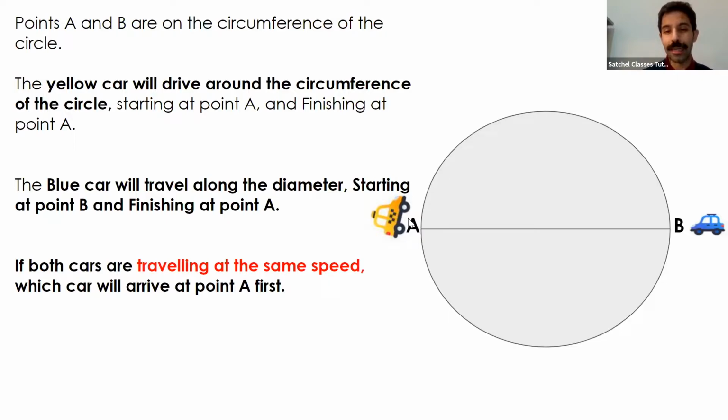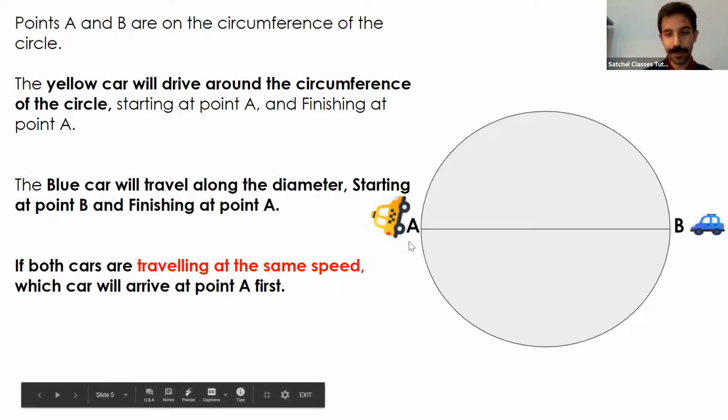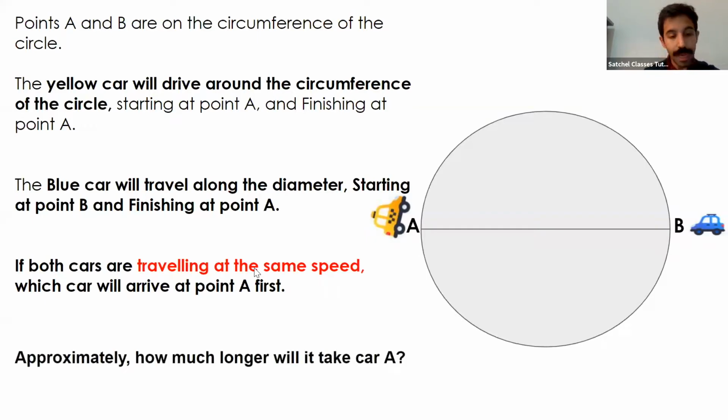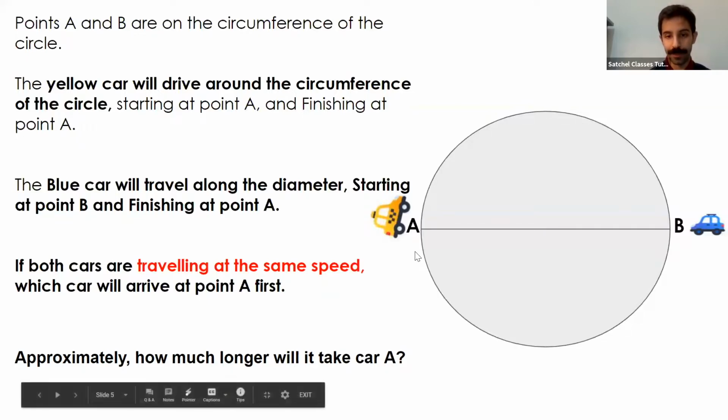Now, it's quite clear the yellow car will take longer to complete its journey, and it will be quicker for the blue car. Now, another question is approximately how much longer will it take the yellow car to complete its journey?